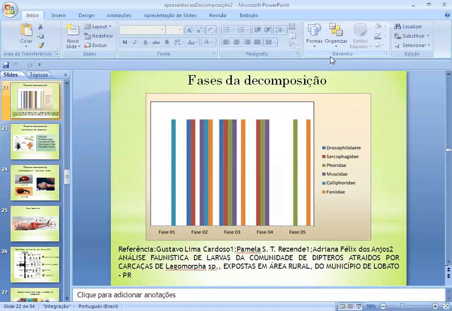In the third stage, a lot of species of larvae were collected, but the majority were Sarcophagidae. The last stage was collected as well, and most of those larvae were Phoridae and Sarcophagidae.